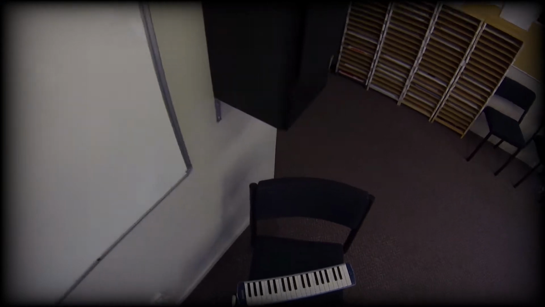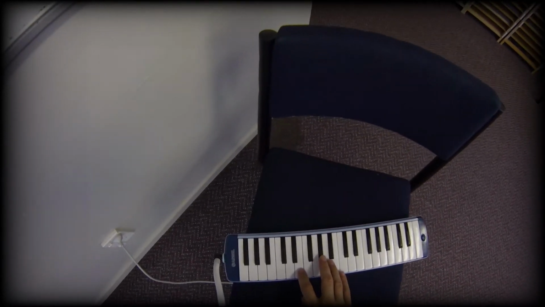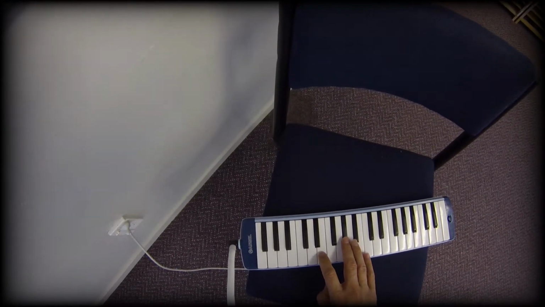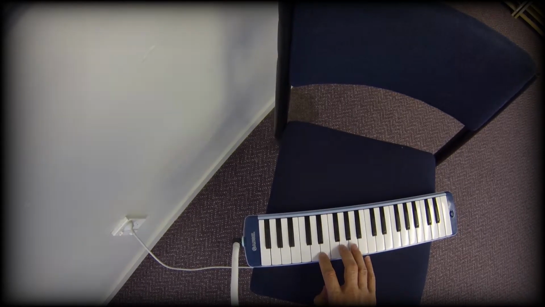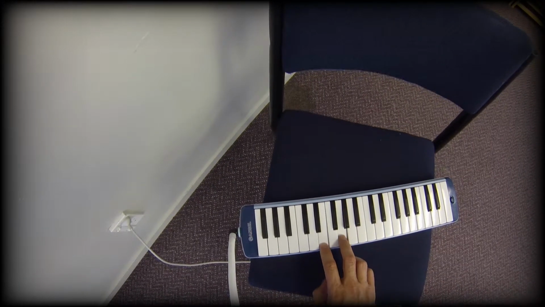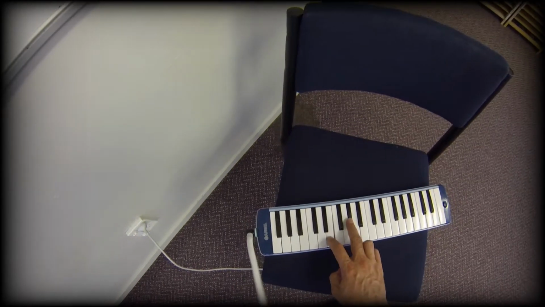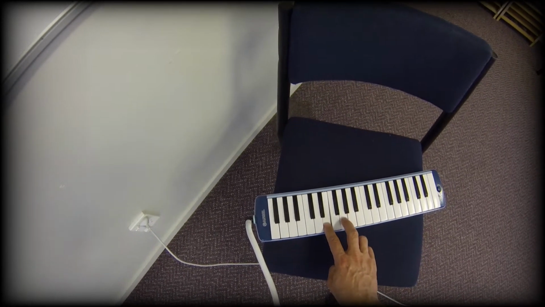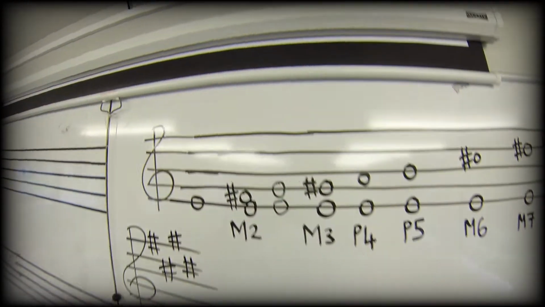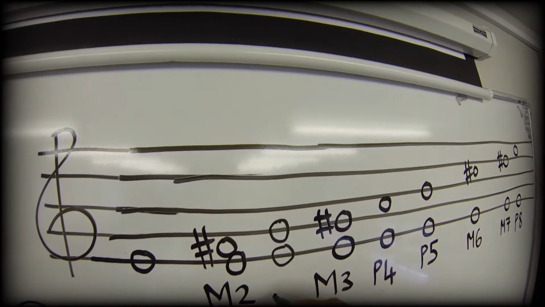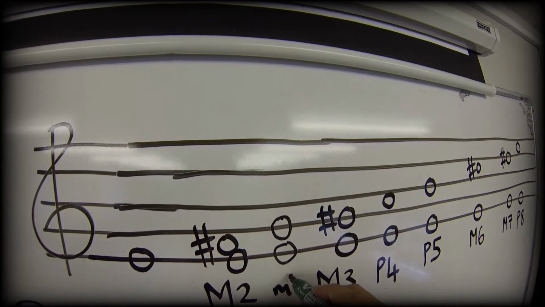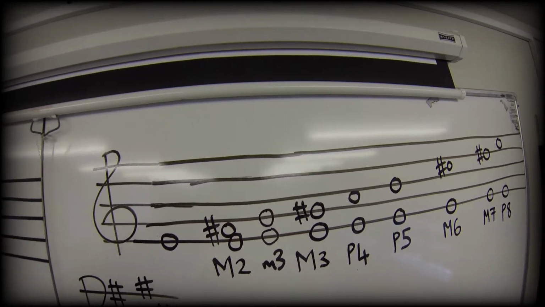If you listen to the sound of it, this is the E to G sharp, this is the E to G. So I've made a -1. And that's how I can turn this interval into a minor third.